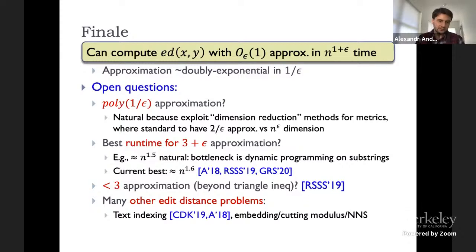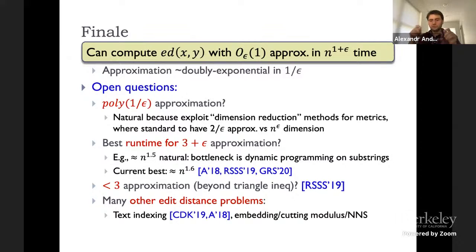Why these techniques are relatively easy to extend to text indexing is that, as already suggested in the talk, the main focus is to compute how many recursive calls we need for substrings of shorter length. After that, you just run dynamic programming.